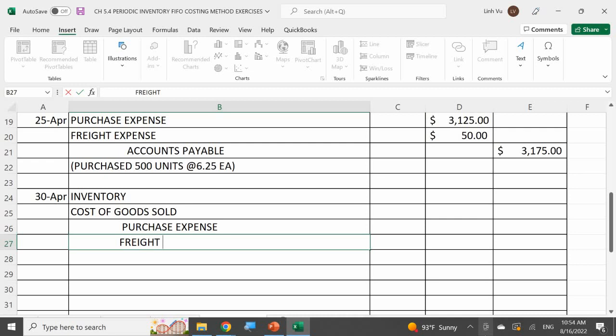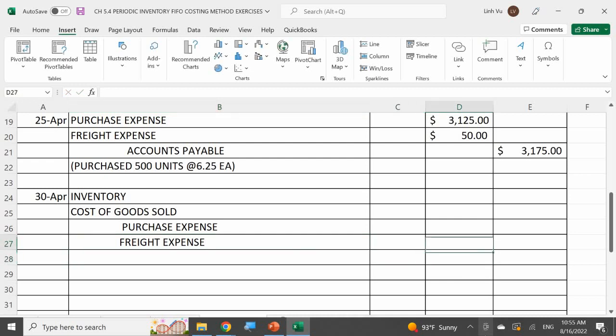We're emptying out the purchase expense bucket. We're emptying out the freight expense bucket. And we're transferring them into inventory, which is your ending inventory, but we're also transferring it out to the cost of goods sold bucket because realistically, we sold some along the way. Okay? So there you go.